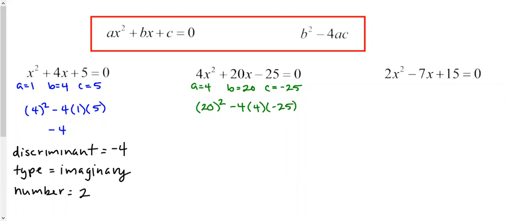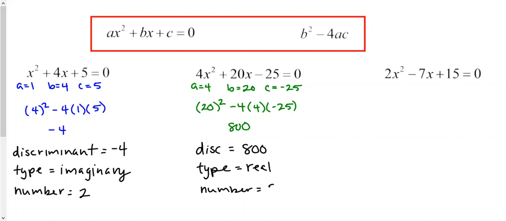Again, if I plug that into my calculator, and you all can do that as well, that will give me 800. So my discriminant, I'm just going to start abbreviating, equals 800, which tells me the type of solution I'm going to have is real, and the number of them, how many I'm going to have, is 2.